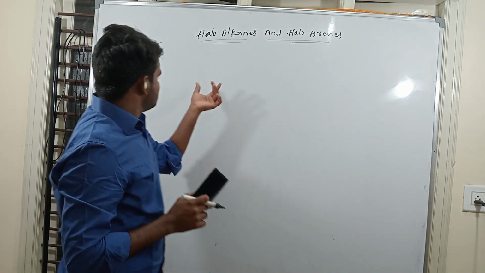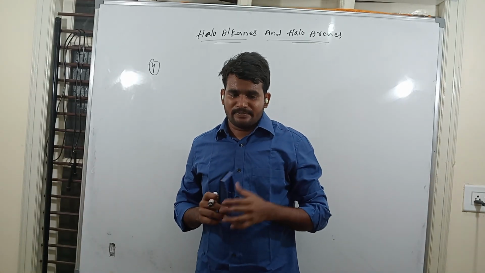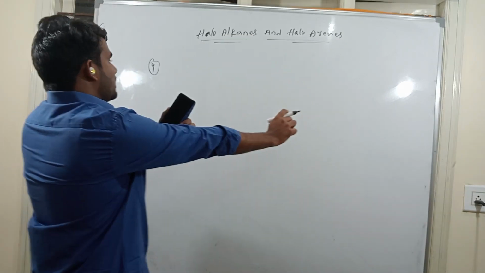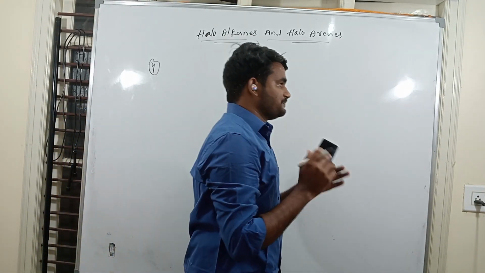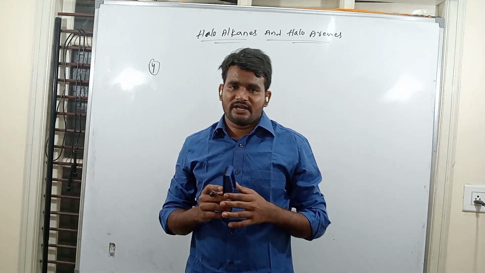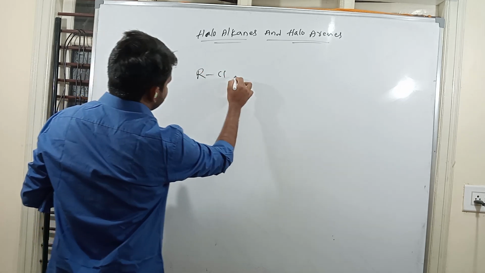In an SN1 reaction there are two steps. The first step, carbocation formation, is the rate determining step. Here, according to chemical kinetics, the rate depends upon the concentration of the reactant only. The first step involves the alkyl halide.